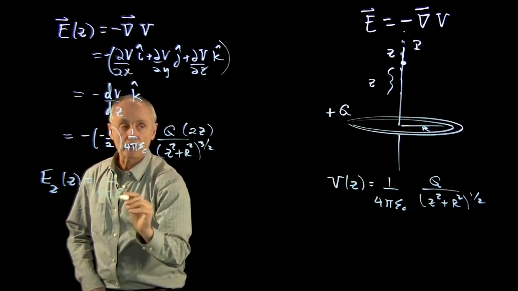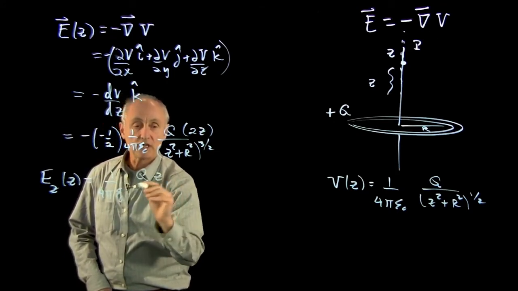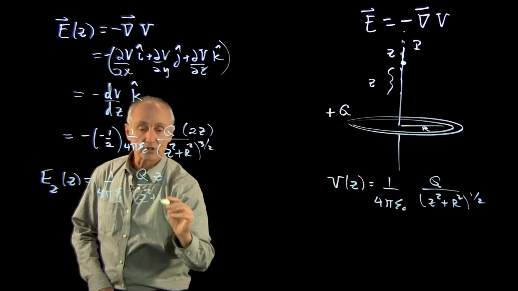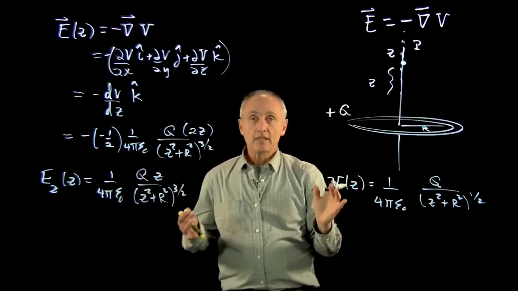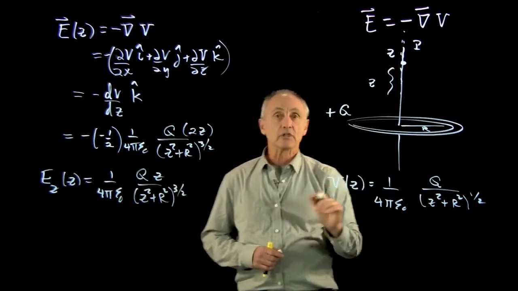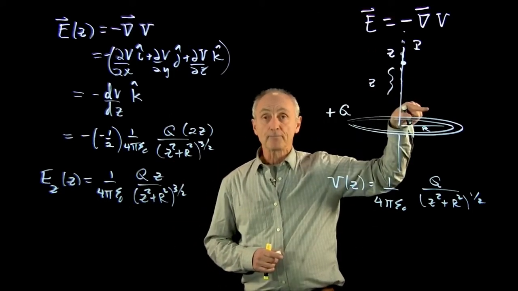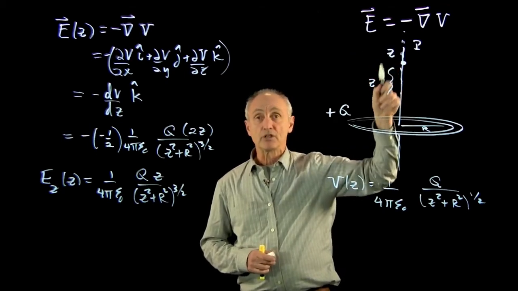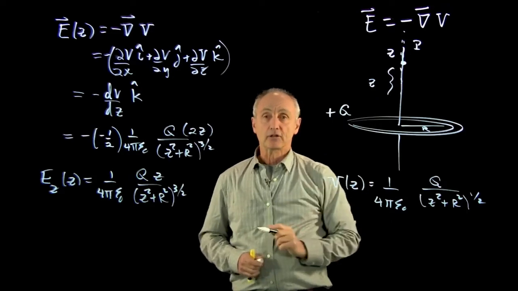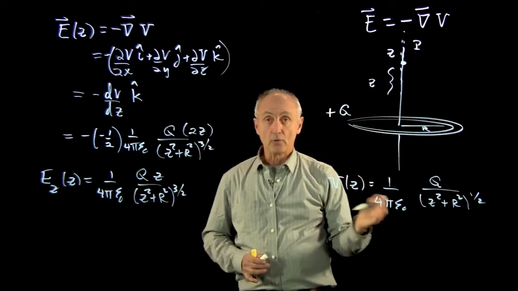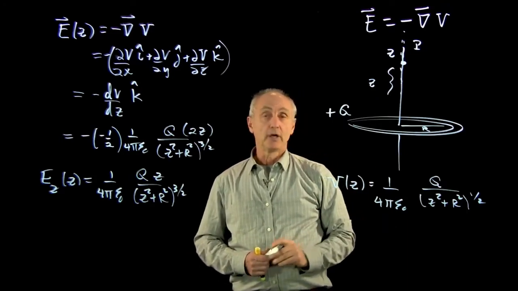We have our constant 1 over 4 pi epsilon naught times qz over (z squared plus r squared) to the 3/2. And that is a simpler calculation than setting up Coulomb's law and taking vector decompositions and throwing away the off-axis components and then calculating the electric field along the z-axis. It's another way to calculate the electric field.